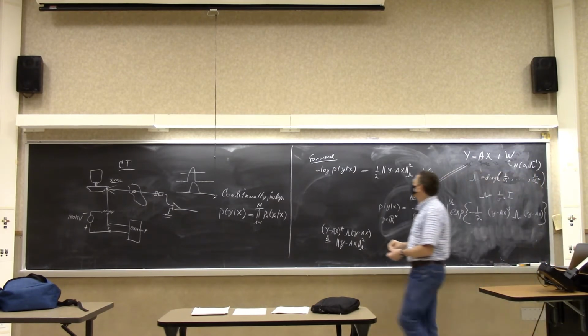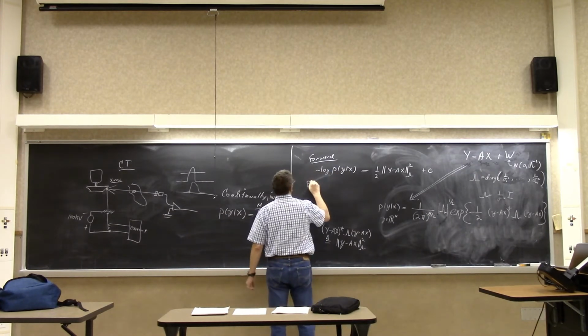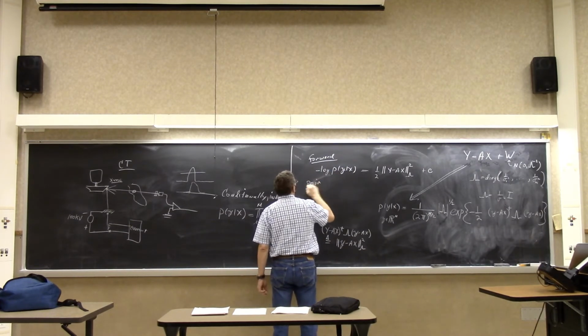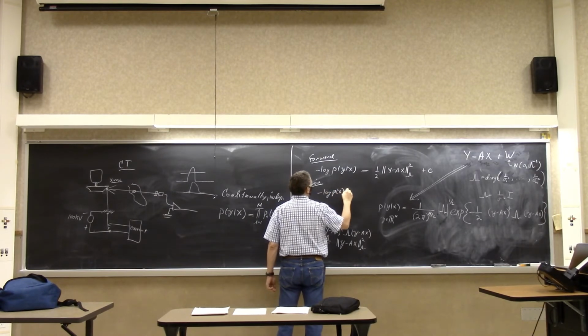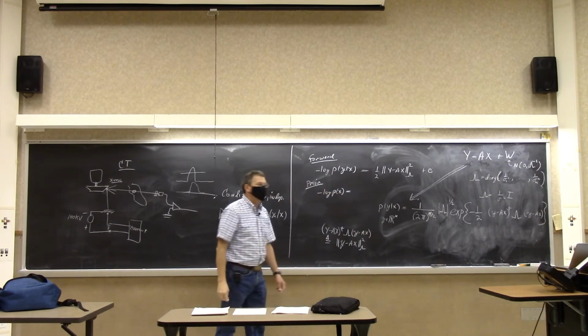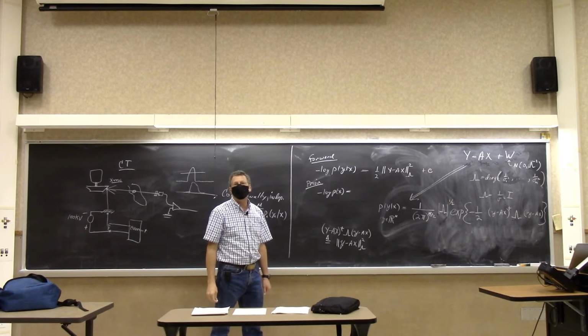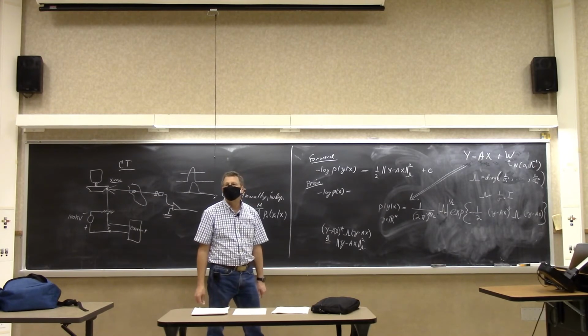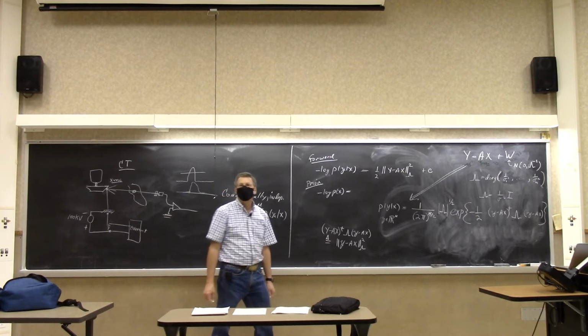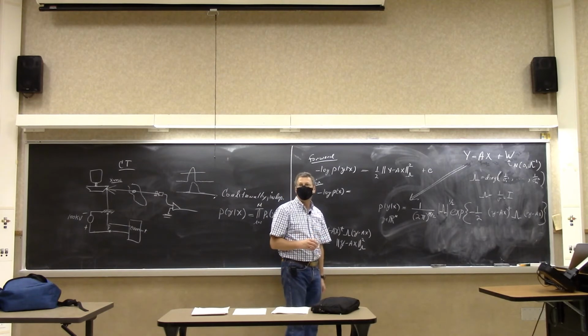Now, the prior model is log of p of x. We're assuming it's a Gaussian Markov random field, so what's minus log of p of x? It should be a quadratic form.